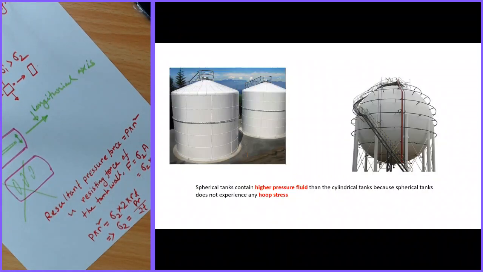Because of that, spherical tanks can contain higher pressure fluid than cylindrical tanks. I'm repeating this: the spherical tank can contain higher pressure fluid than the cylindrical tank, because spherical tanks do not experience any hoop stress.